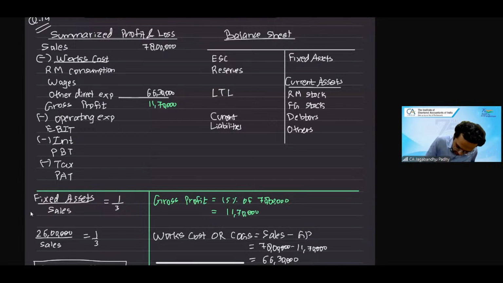Now this is the final figure of net adjustment of all the three items. We don't have any information regarding opening stock or closing stock of finished goods, so all these consumption and wages will be proportionate to these items.